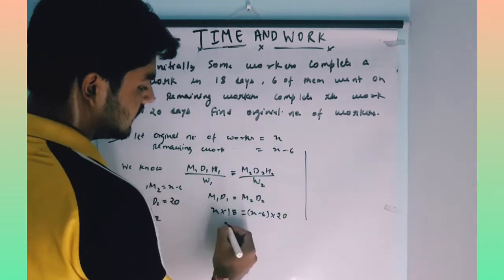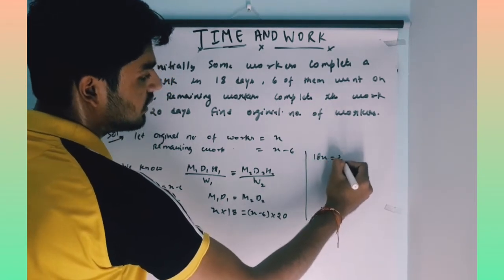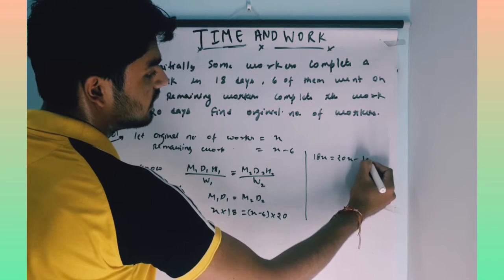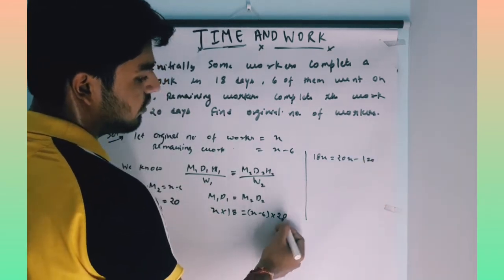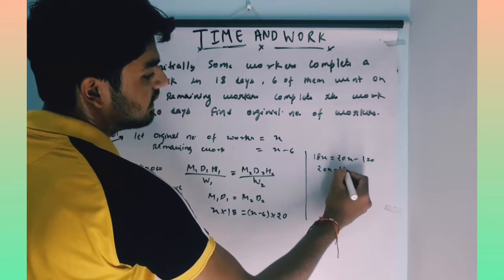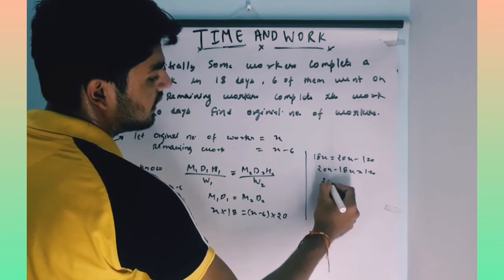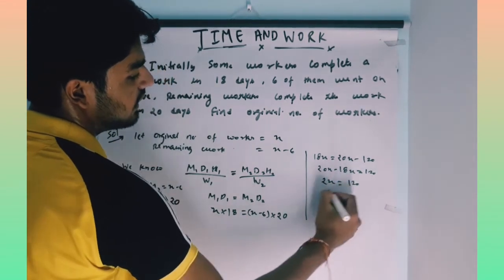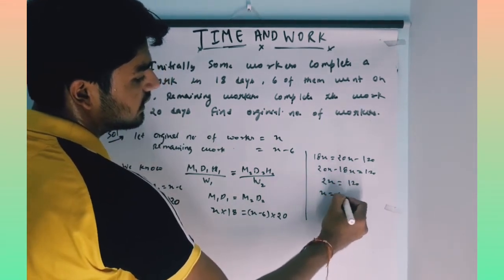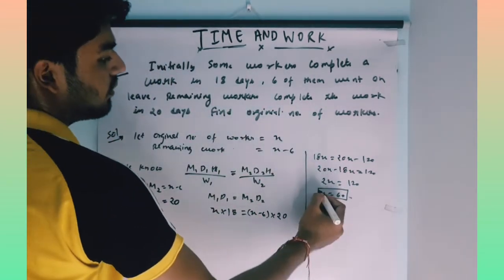Now on solving we get 18X is equal to 20 times X minus 6, multiplied by 20, 120. So 20X minus 18X is equal to 120. 2X is equal to 120, which gives X is equal to 60. So the original number of workers is 60.